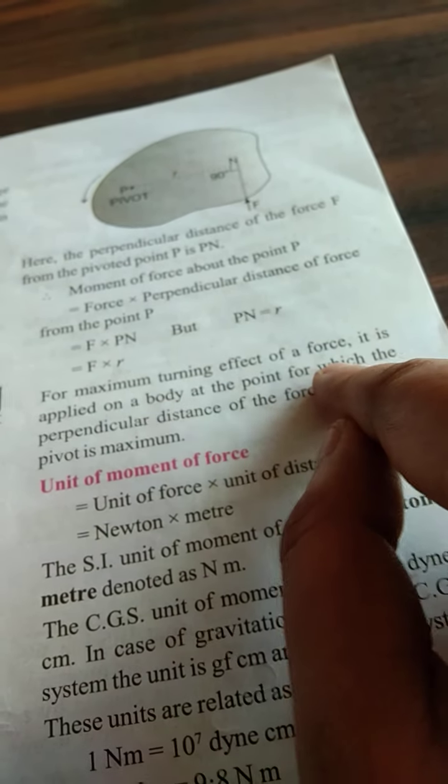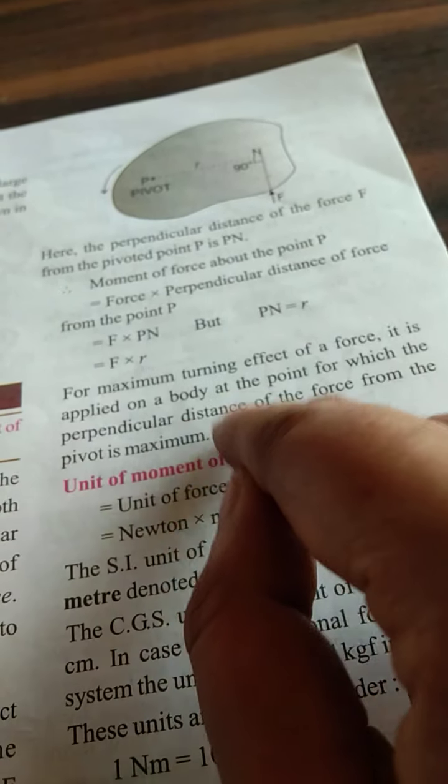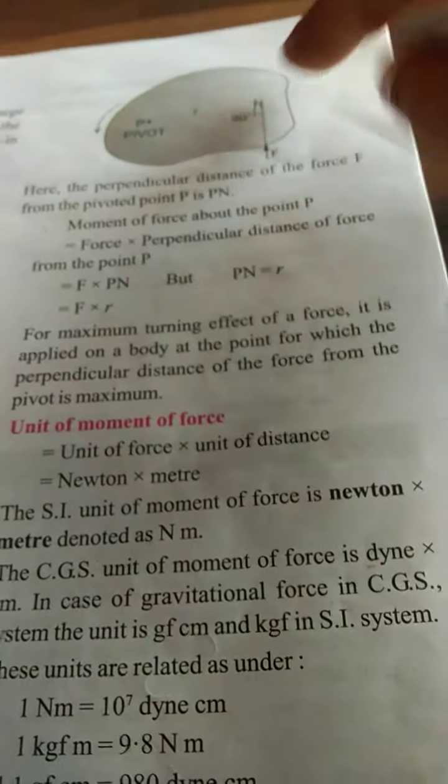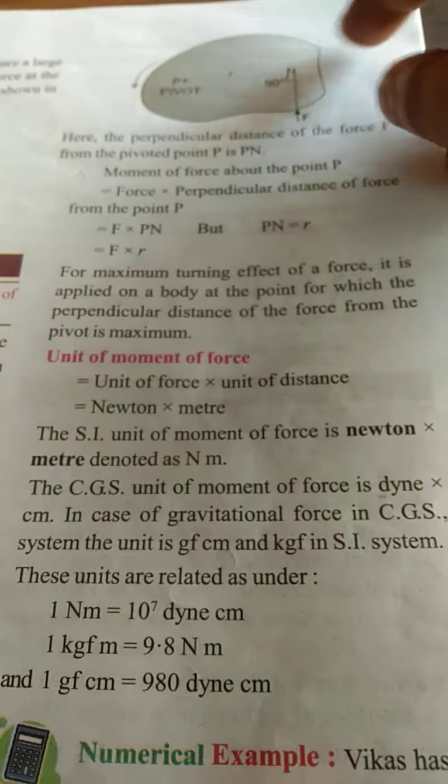The maximum turning effect of the force is obtained when it is applied on a body at the point for which the perpendicular distance of the force from the pivot is maximum. So for maximum turning effect of force, the distance of the force from the pivot should be maximum.